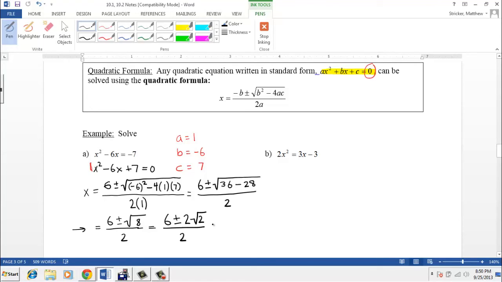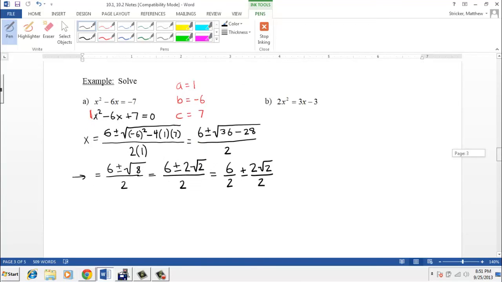And then when we go to simplify, sometimes this is where students get mixed up. And so probably the easiest way to think about this is to split this apart into two parts, to rewrite it as 6 over 2 plus or minus 2 root 2 over 2. This is the way you're going to see me simplify it.